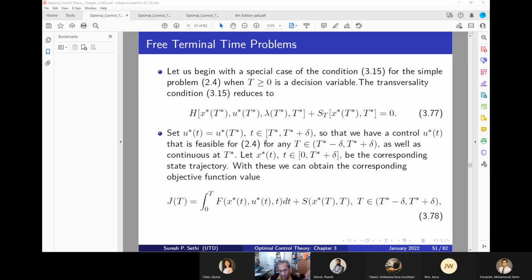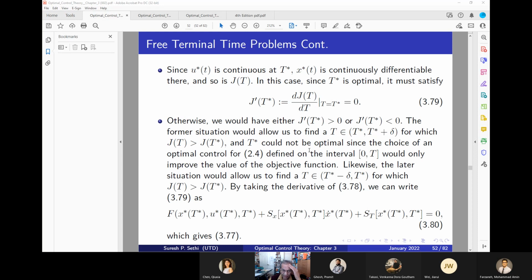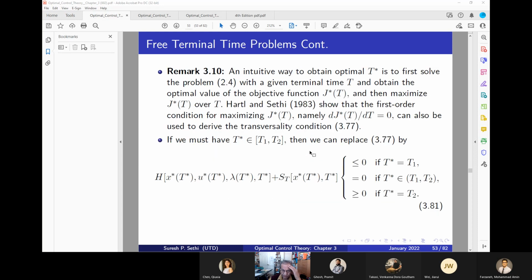This is a sufficiently rigorous proof. Once you have that, there are problems and exercises where we give you a case where I must find a t star between this interval t1, t2. Well, then that is basically a calculus problem again with constraint.